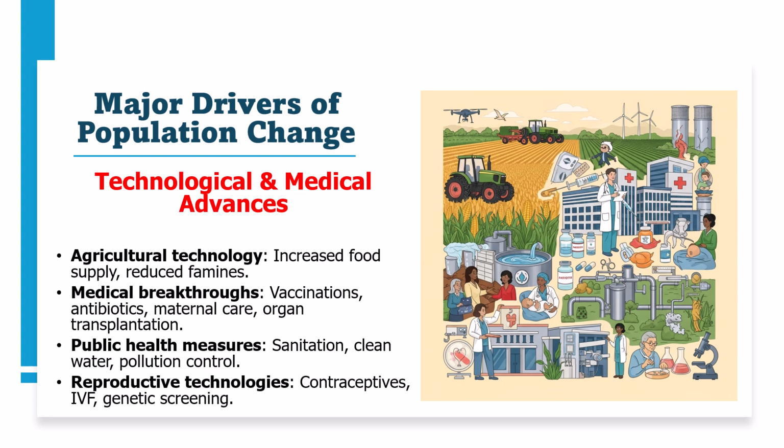Public health measures like sanitation systems, safe drinking water, and pollution control have further reduced the spread of disease. In addition, reproductive technologies ranging from contraceptives to in vitro fertilization and genetic screening have given individuals and families greater control over fertility decisions, thereby influencing overall population growth trends.